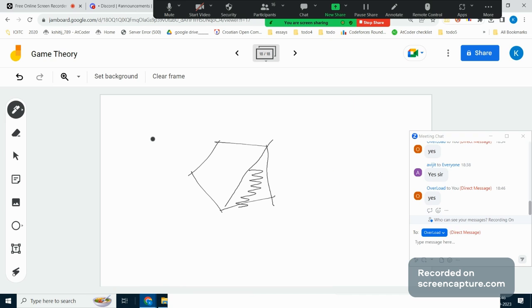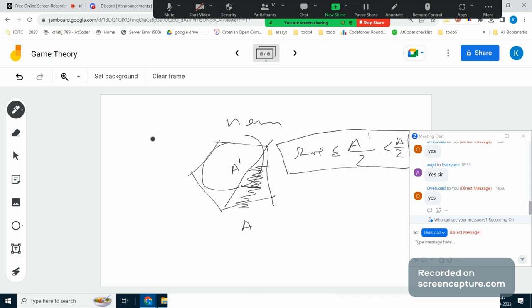And now notice that we have n even, and we can play the game such that the score is less than or equal to A dash by 2. A dash is the area of the remaining polygon after the first move, and A is the original area. And this is less than or equal to A by 2. So the second player always wins. The first player can do anything randomly at the beginning and it does not matter.